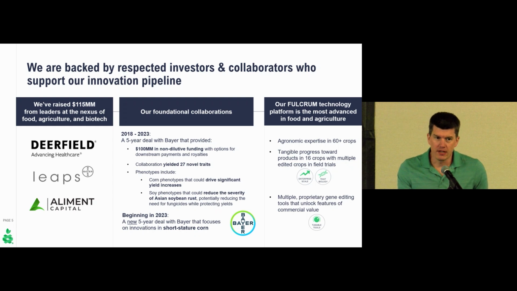And it was very successful. We created 27 novel traits that are now part of Bayer's development pipeline. And some of the successes there are increases in corn yield and also Asian soy rust resistance. And so the first collaboration was so successful that when it ended last year, we inked a new deal with Bayer that is also 5 years and focused entirely on developing short stature corn via gene editing.